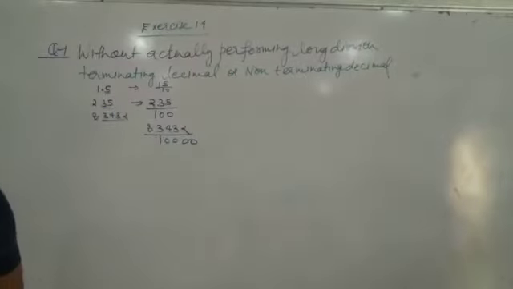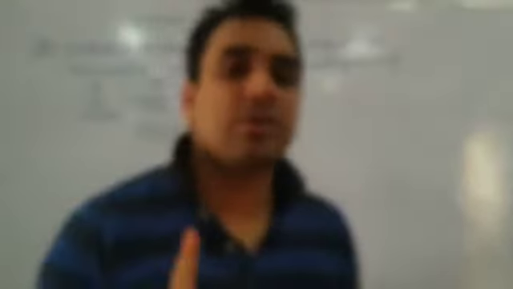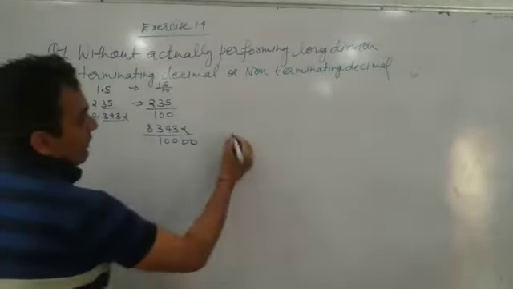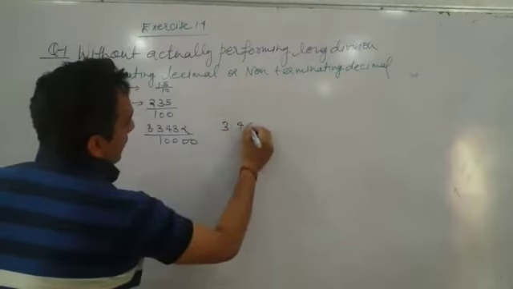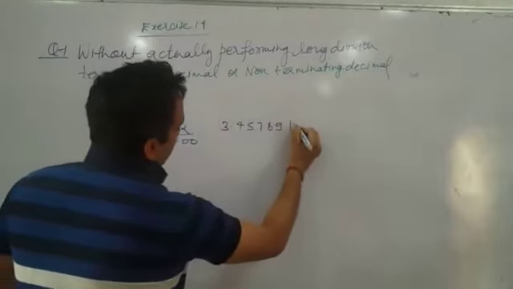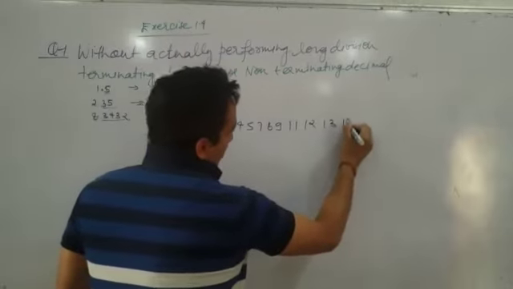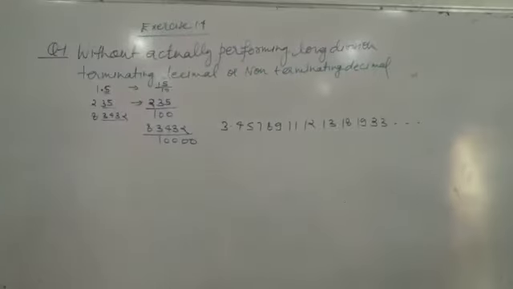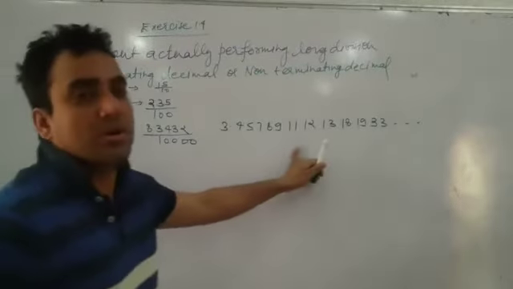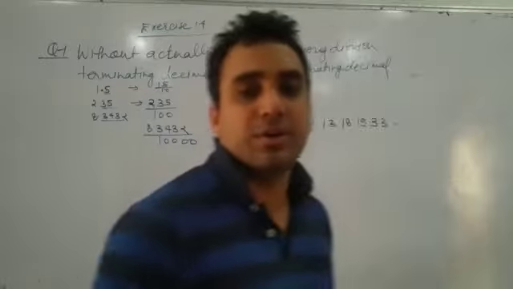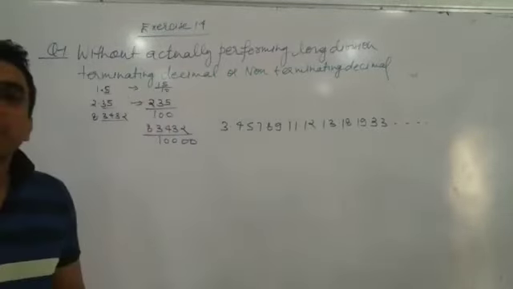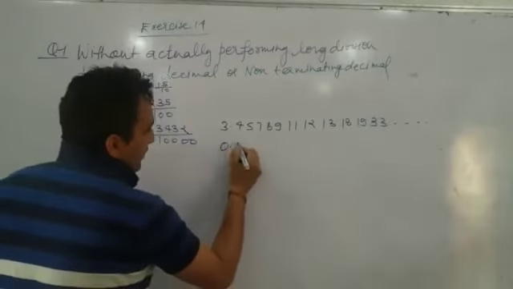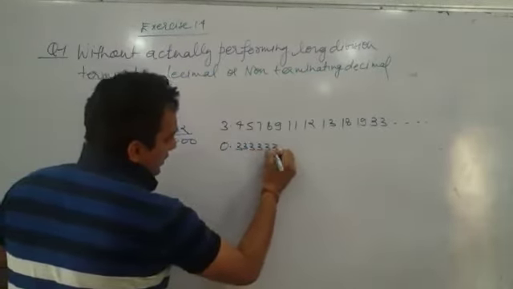The second type is non-terminating decimals. Suppose we have a number like 3.457891112131819 and so on and carry on. These types of numbers are non-terminating decimals because they cannot be written in the form of P upon Q. But we have another type of number, like 0.33333333.